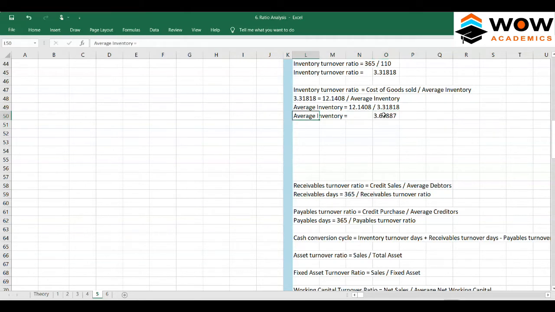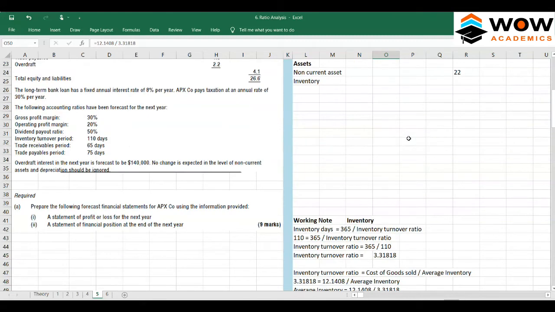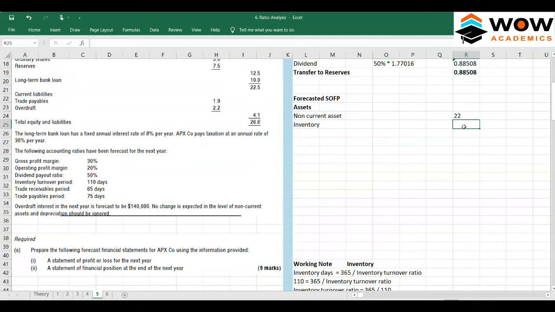So this is our inventory. Our inventory is 3.65. We can take that 3.65 or 3.66, we can round it off. So inventory comes to 3.66. Done. From where did we get it? We get it from working note number 1.